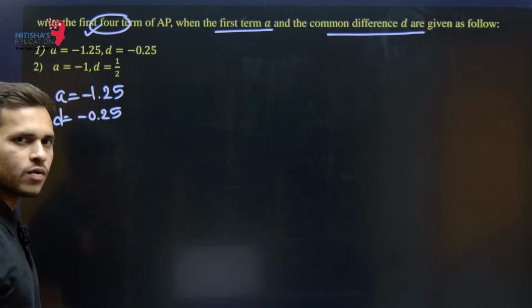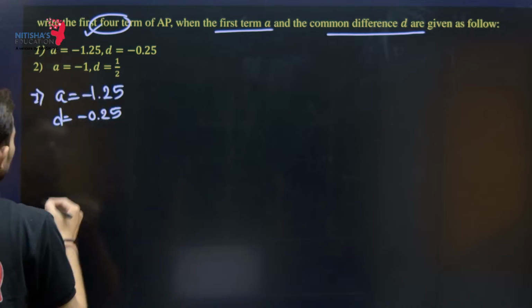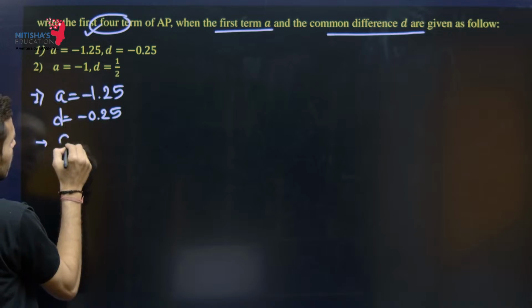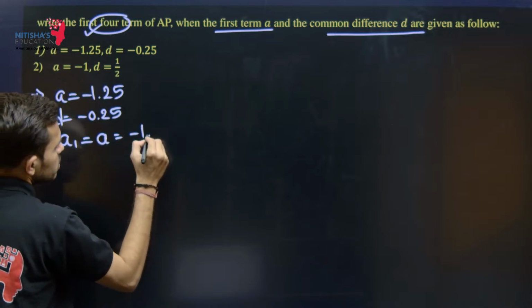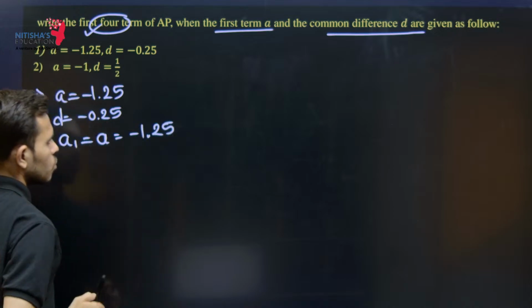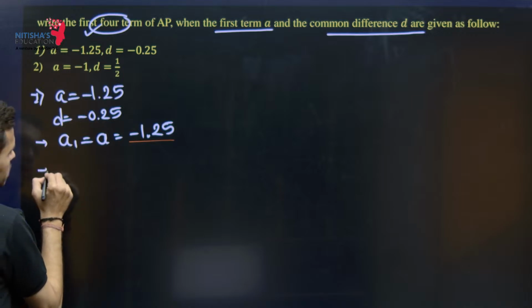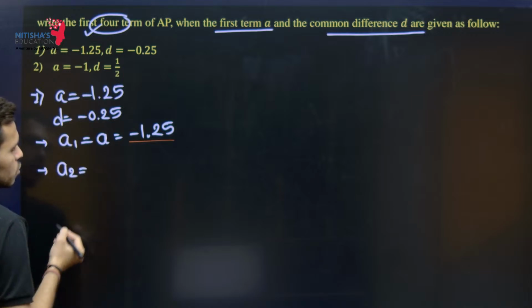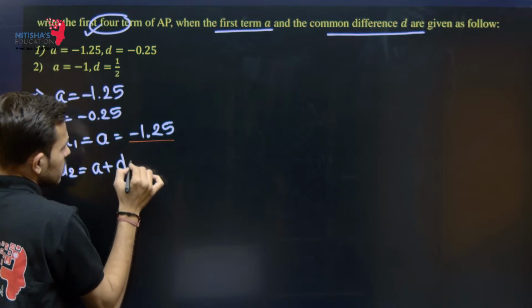So according to our general formula, what is the first term of the AP? It is denoted by a1, which is equal to a, and a is equal to minus 1.25. So this is our first term of the AP, right? What is our second term? It is denoted by a2. According to our general formula, it is a plus d, right?